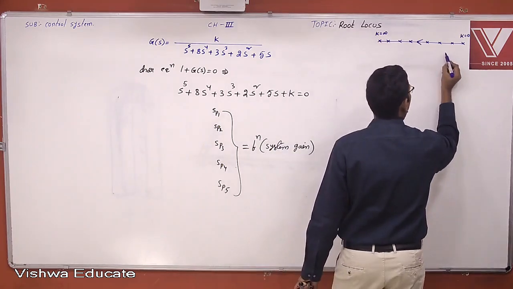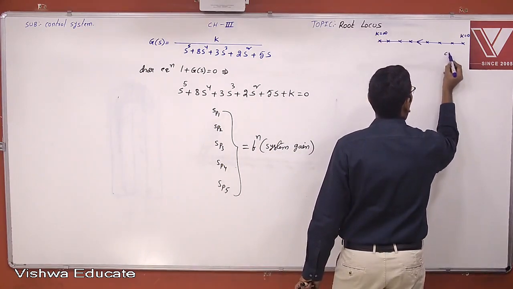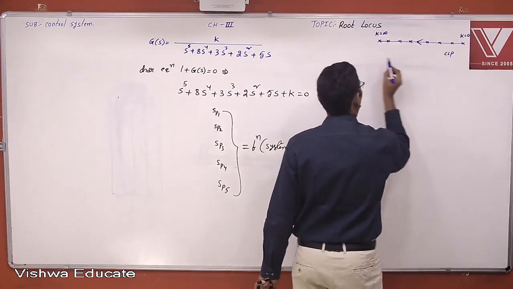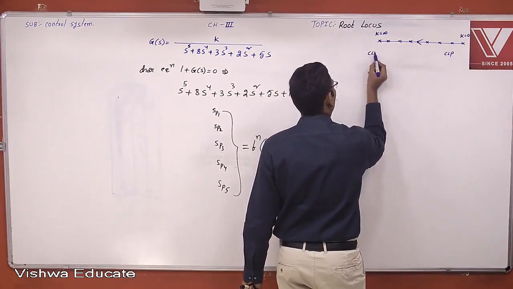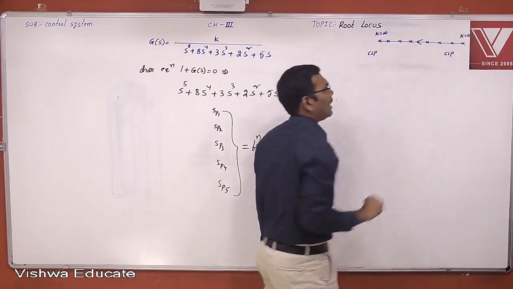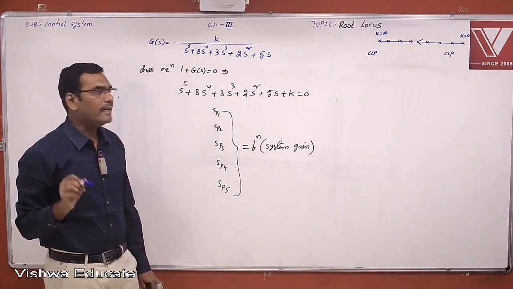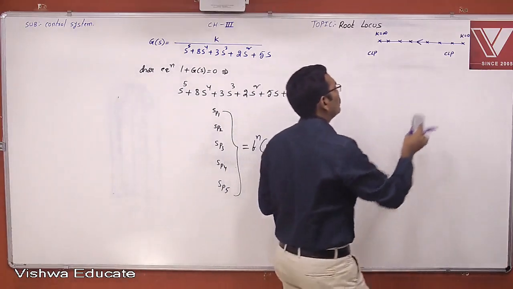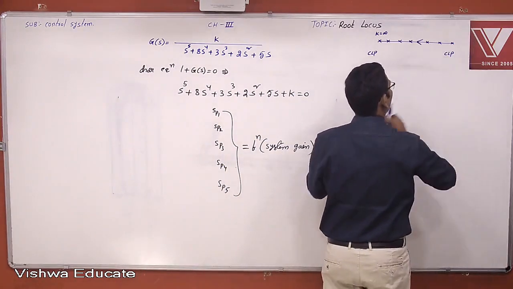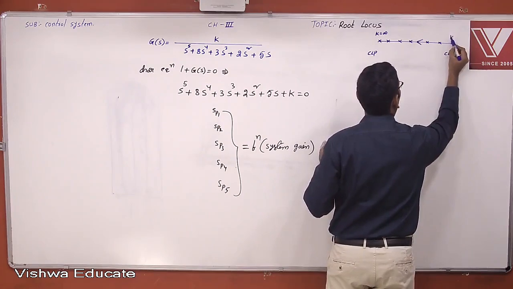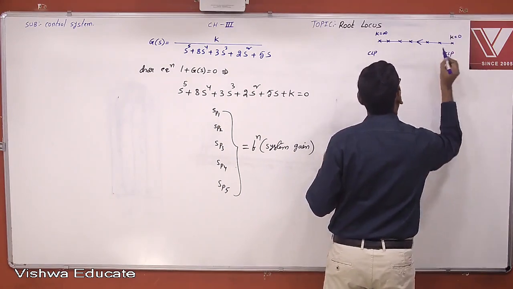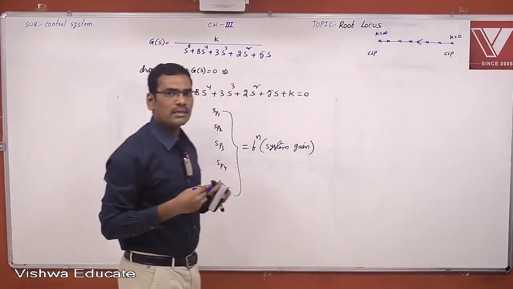The root locus diagram starts with a closed loop pole and ends with a closed loop pole. Everywhere I need a closed loop pole, am I not? Starting closed loop pole, ending closed loop pole, everywhere I want a closed loop pole. So that closed loop pole movement is nothing but the root locus diagram.